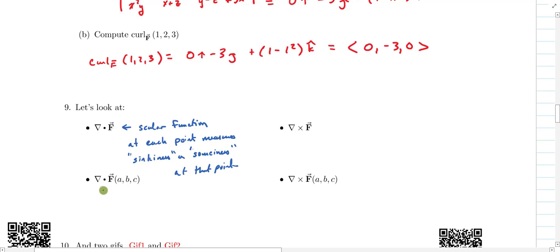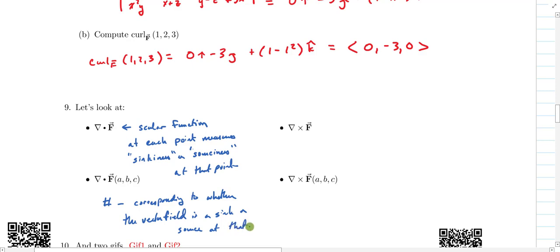So this then is a number, and it corresponds to whether the vector field behaves like a sink or a source at that point, with the magnitude of that number being how much of a source it is or how much of a sink it is. Okay. So we've got del dot f.